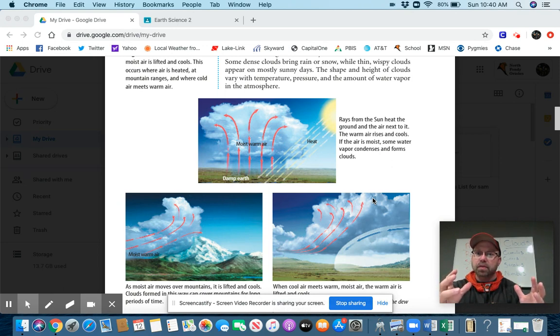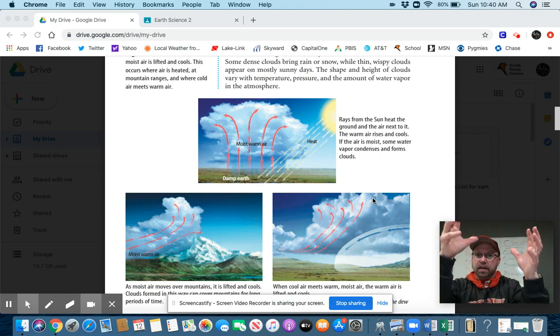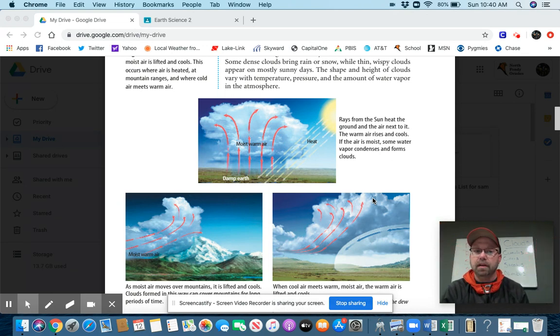We also know that warm air rises. So, as it rises, it cools off. And as it cools off, condensation starts to take place and we get clouds that form. All right. So, when warm air cools, condensation takes place.